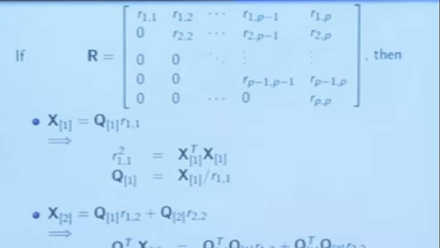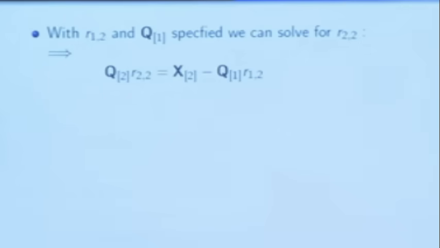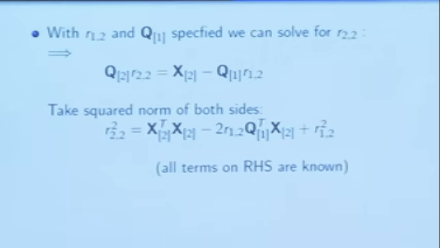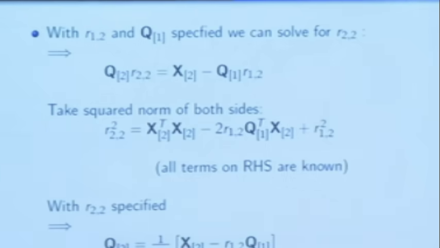So we actually have just solved for R12, and Q2 is solved for by the arguments given here. So basically, we are successively orthogonalizing columns of X to the previous columns of X through this Gram-Schmidt process. And it can basically be repeated through all the columns.